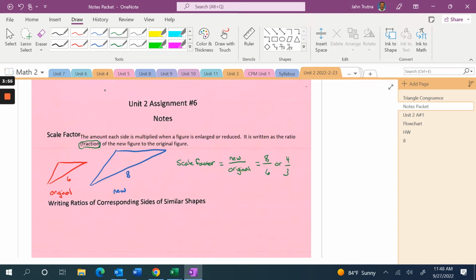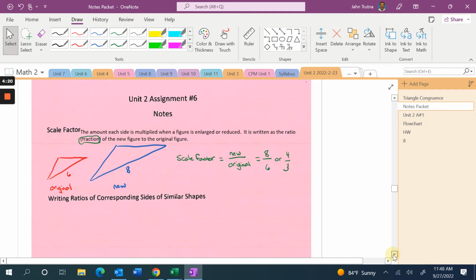That's what we mean by writing the scale factor. When we say the scale factor is 4 over 3, we are saying that if you took this red shape to enlarge it to make it look like the blue shape, you would multiply the red shape by the fraction 4/3.